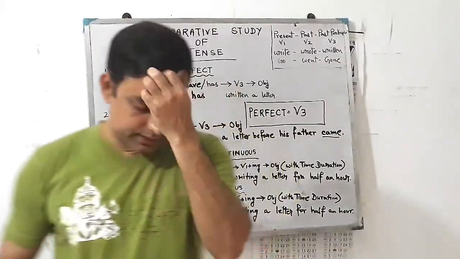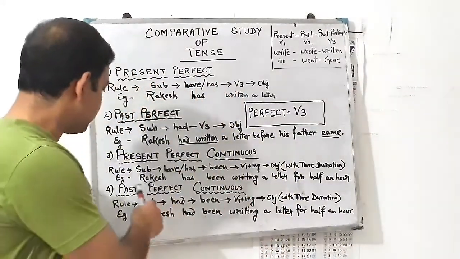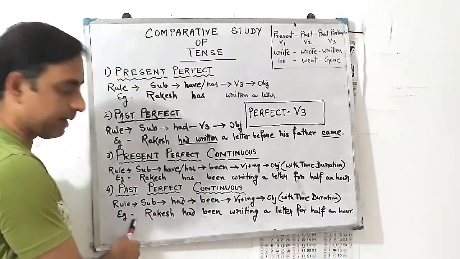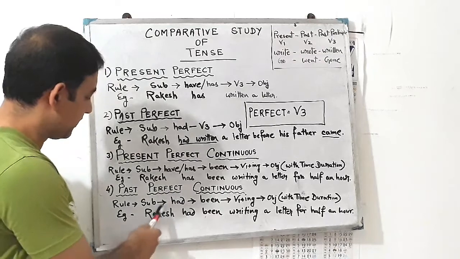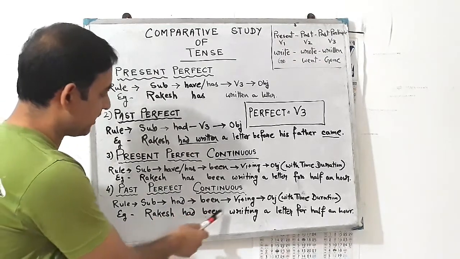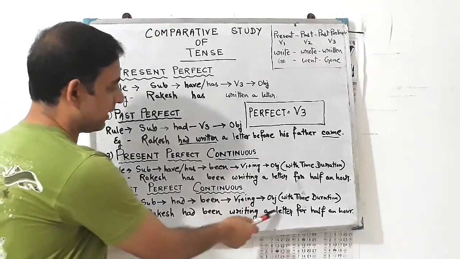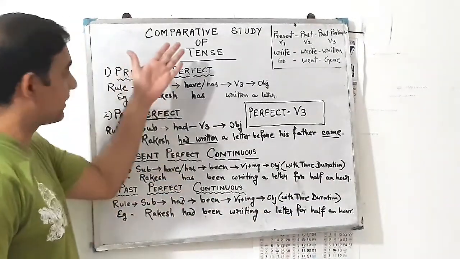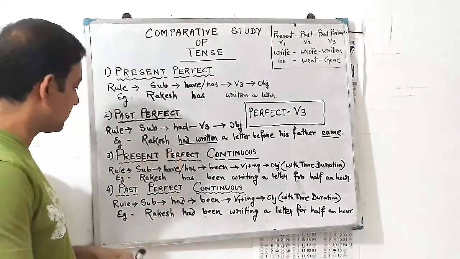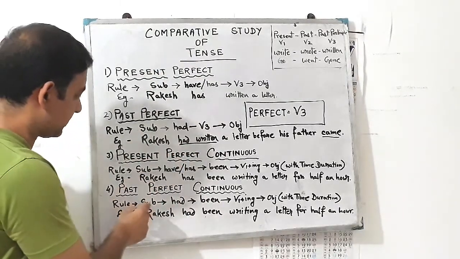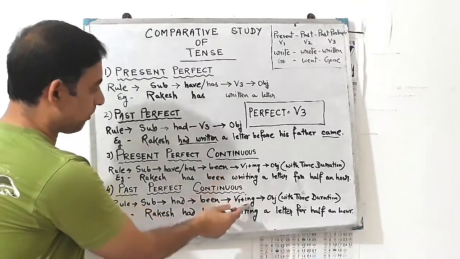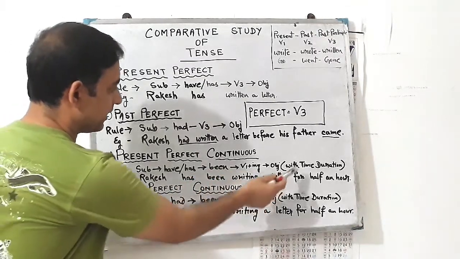Now you see that in past perfect continuous tense, the rule is subject, and the example I have also given: Rakesh had been writing a letter for half an hour. So the comparative study I have shown you, the comparison is the same thing: subject, been, V1 plus ing, object, time duration.